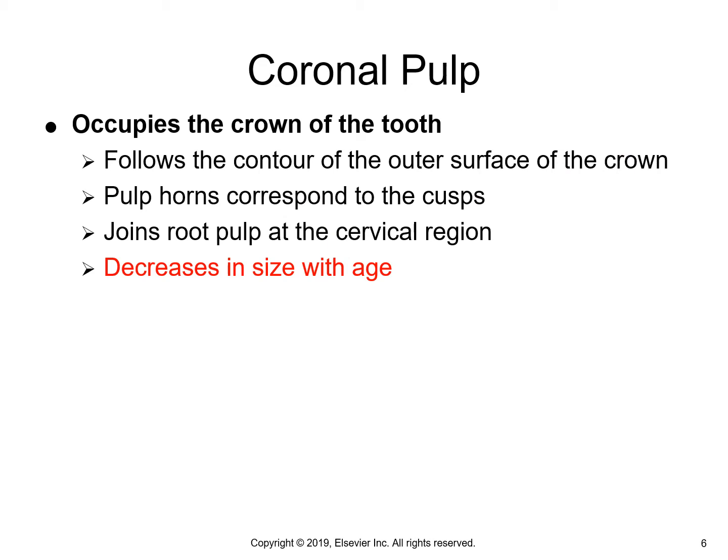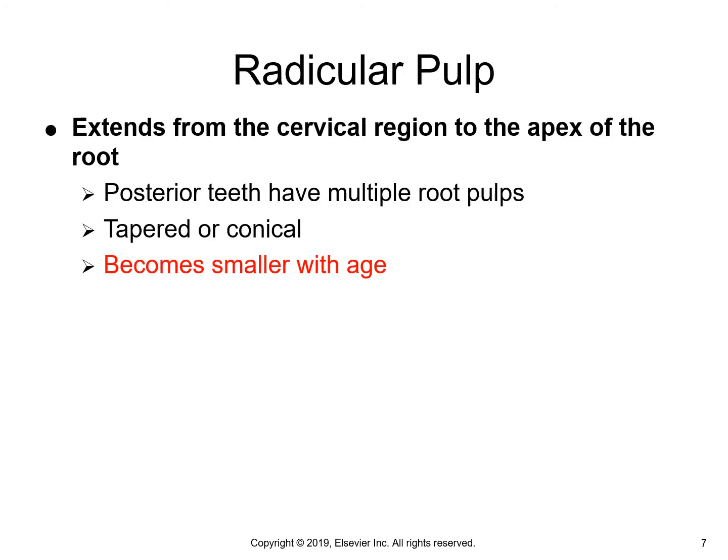The coronal pulp occupies the crown of the tooth, and it will follow the contour of the tooth. So if you have an incisor, it's going to follow that incisor. If you've got a molar, it's going to have pulp horns in all the locations of the different cusps of the tooth. It will join root pulp at that cervical region, and again will decrease with age.